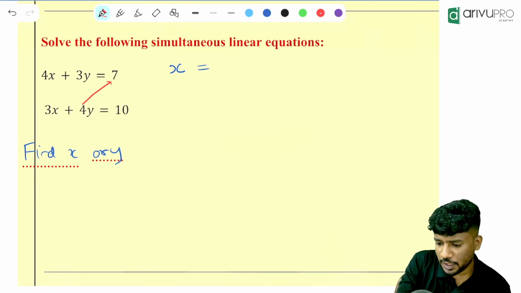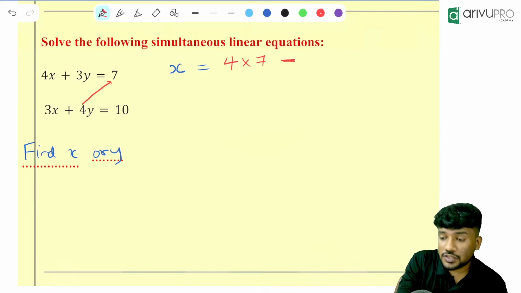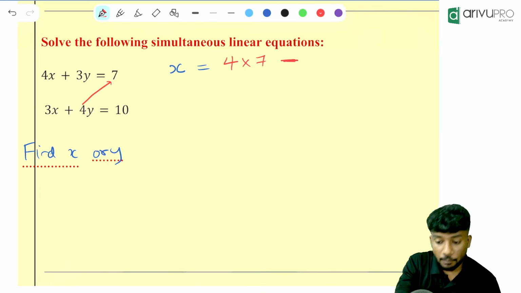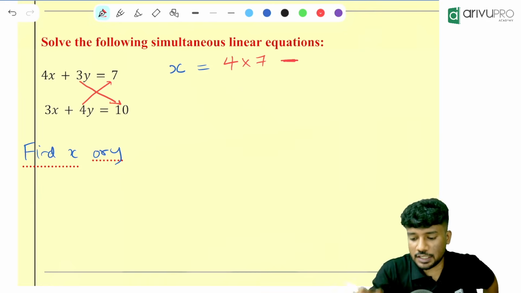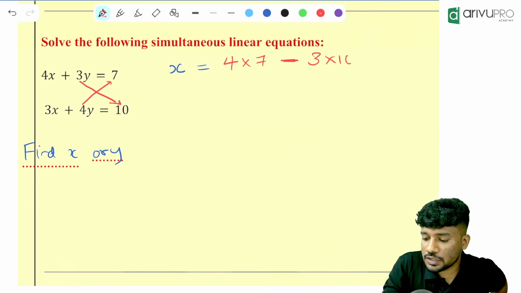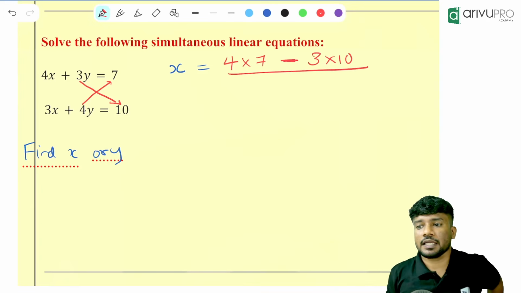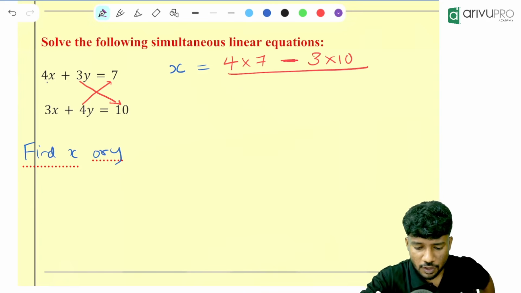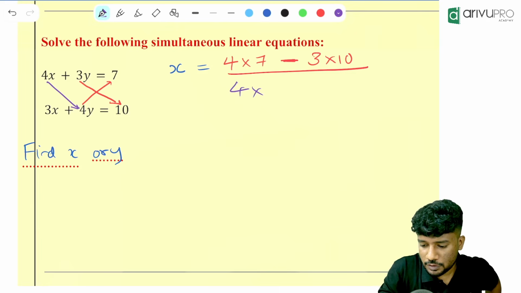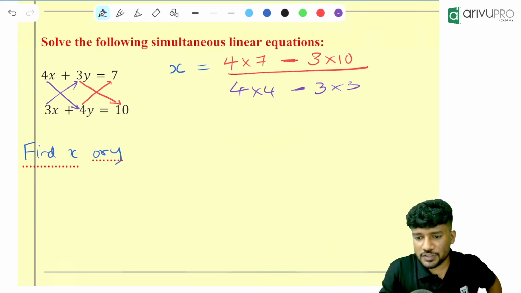Do it along with me. 4 into 7 minus, always put a negative sign, minus 3 into 10, divided by the next term, which is common for both x and y whenever we are finding x or y: 4 into 4 minus 3 into 3. Are you understanding the shortcut?